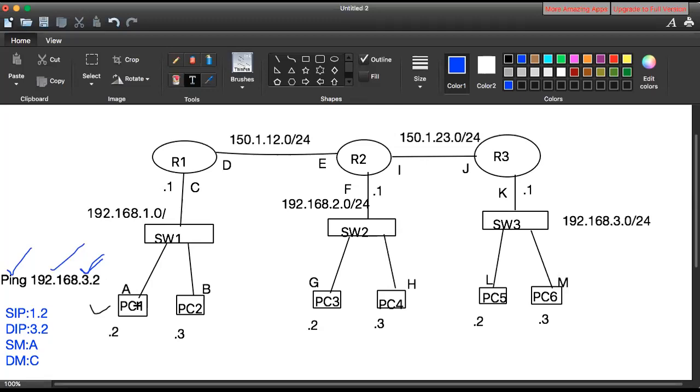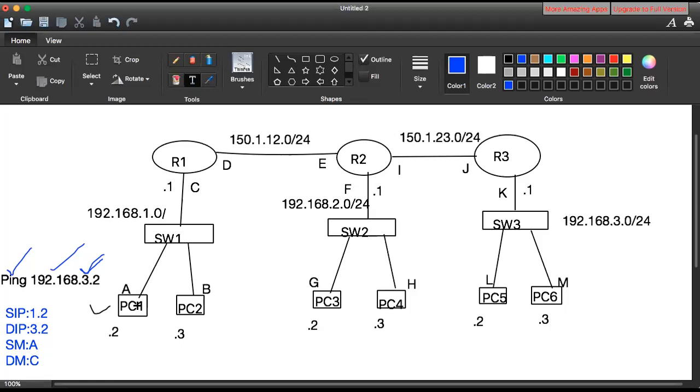So what you're saying is PC1 would try to learn the MAC address of 1.1 first. Yes, that's the next. Why not 3.2? Because 1.1 is the default gateway, and only through that it can learn the route to reach 3.2, because it's outside of the network. Anyone else?